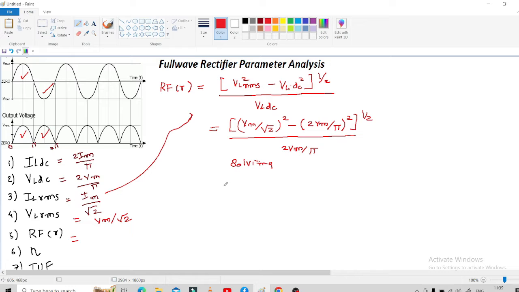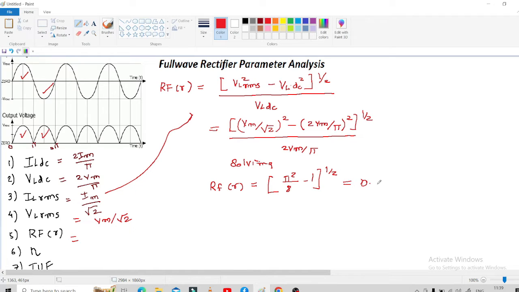we are getting this as the ripple factor, or small r. If you solve this, you will get this equation over here, raised to half, that is pi square by 8 minus 1, which is nothing but 0.48.